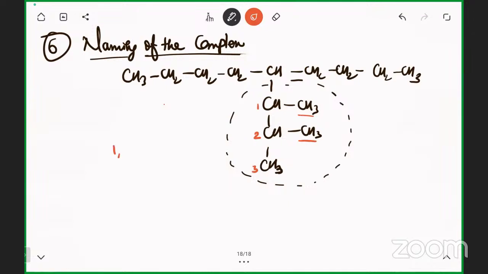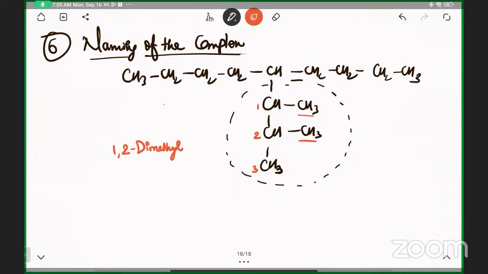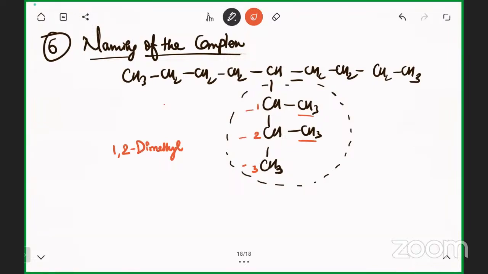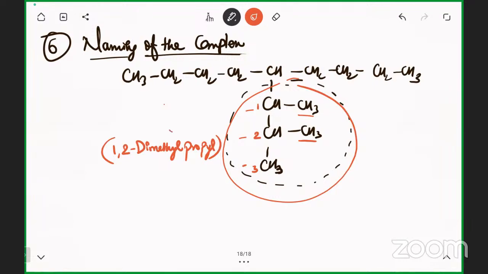So it will be 1,2-dimethyl. 1, 2, 3 carbons are present, so I have to write propane. But since this whole compound is in the category of side chain, I will write propyl, and I will put that in brackets. So I have named this particular substituent first.